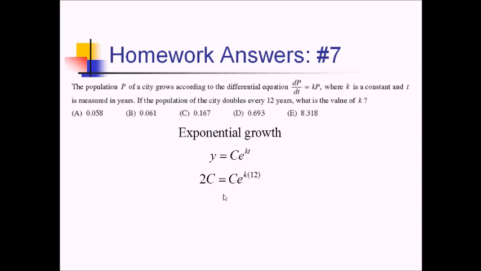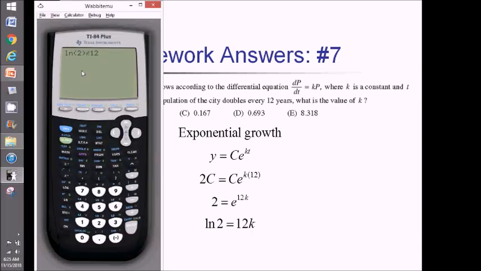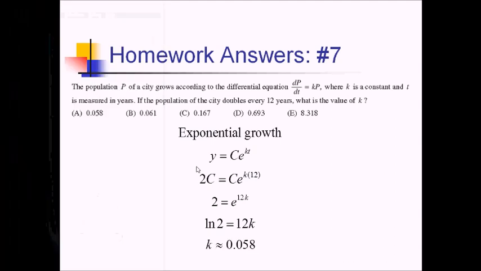We're going to divide both sides by c, and then we can ln both sides to get the 12k out of the exponent. So that's ln of 2 equals 12k. Now we just have to divide both sides by 12, and that we need a calculator for. So ln of 2 divided by 12 comes out to 0.058 if we round off to 3 decimals, and that gives us answer choice A.